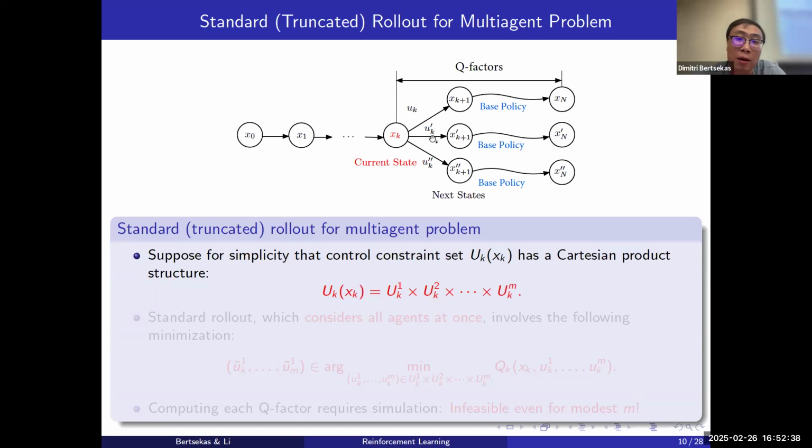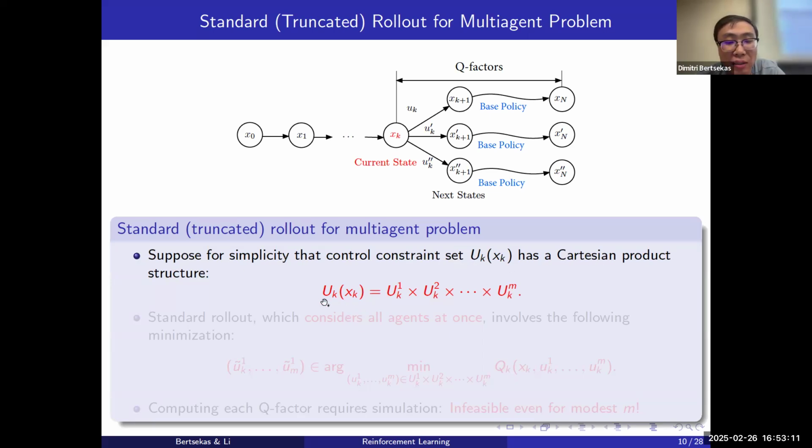All right. Now, let's try to use this rollout methodology on the multi-agent problem. You will find that you hit a wall quite quickly even for a small number of agents. Suppose for simplicity, let us consider that the control constraint has this Cartesian product structure.